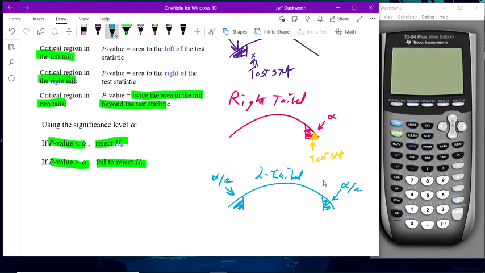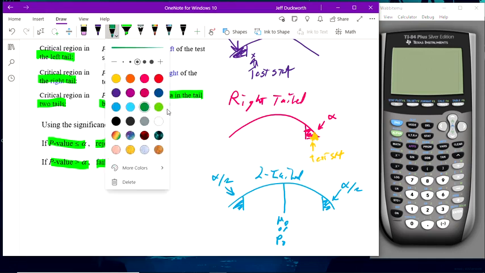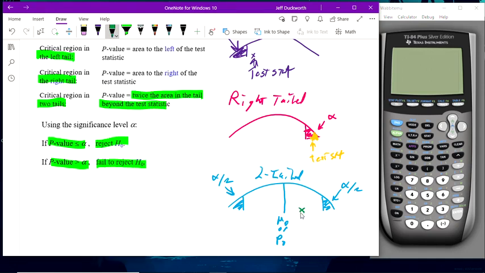Then whichever tail we're by, and we'll set this here with our mu sub naught or p sub naught, whichever we're looking at here, whether it's a mean or a proportion. And whichever side of that center we have, say our test statistic is over here, then we look at the area towards the tail it's on. This happens to be on the right tail, so we're going to figure out that area and then double it. And that will be our p-value.